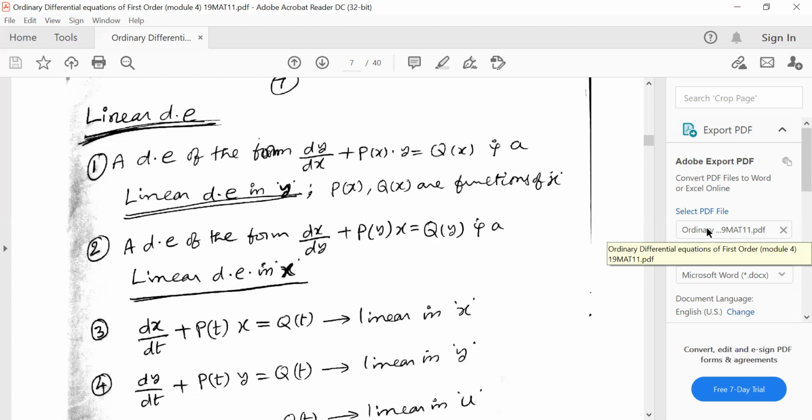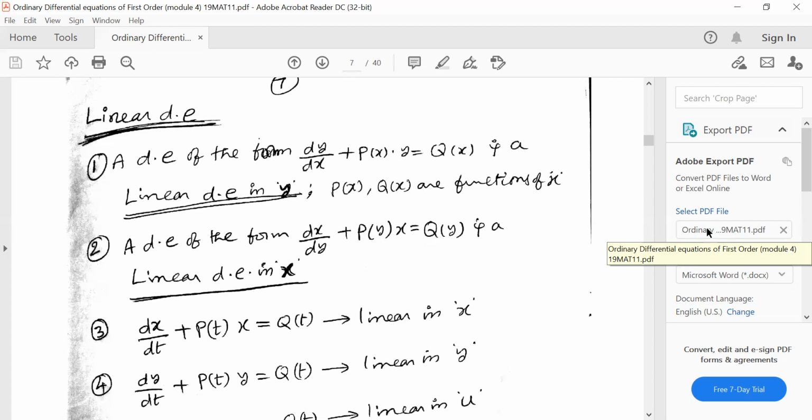You can see here the degree of dy by dx and the degree of y, I am particularly talking about the dependent variable. The dependent variable is y, which is in the numerator. So the power of y and dy by dx will be 1. That is one of the things to take care of. And one more thing is y and dy by dx will not be multiplied together.